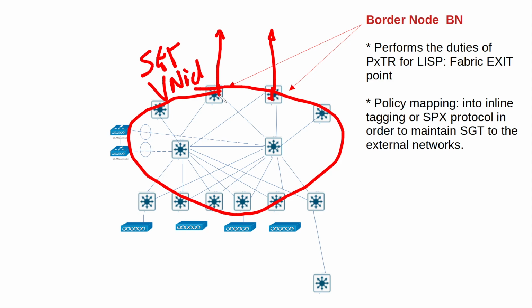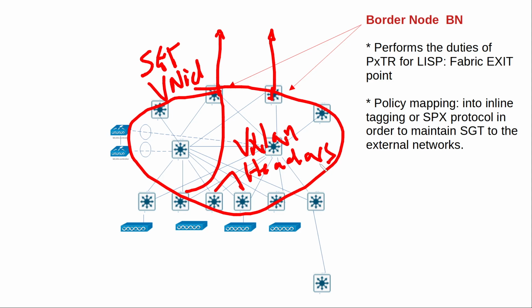Remember that inside the fabric we use VXLAN tunnels, and these VXLAN tunnels have headers, and we are using some fields within these headers in order to carry a scalable group tag and VNIDs.